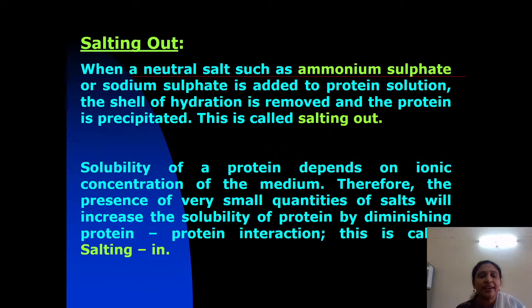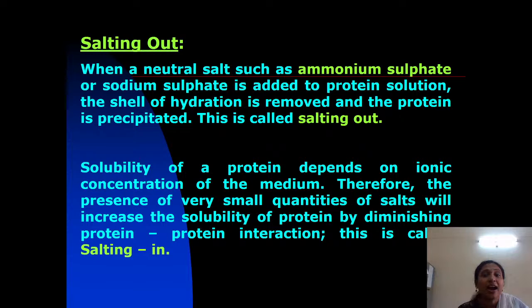The amount of salt required depends on the molecular weight of the protein. There is an inverse relationship. Low molecular weight proteins need more salt for precipitation, and high molecular weight proteins require less salt for precipitation.